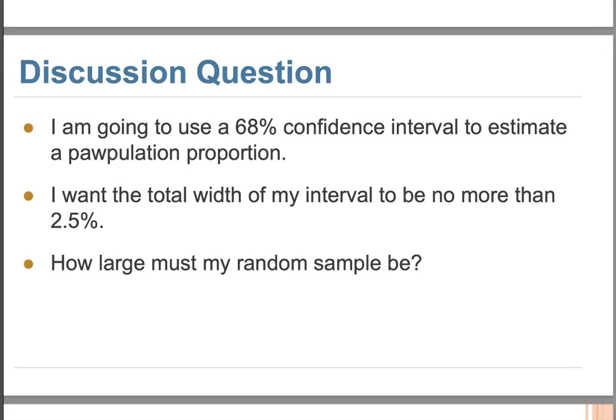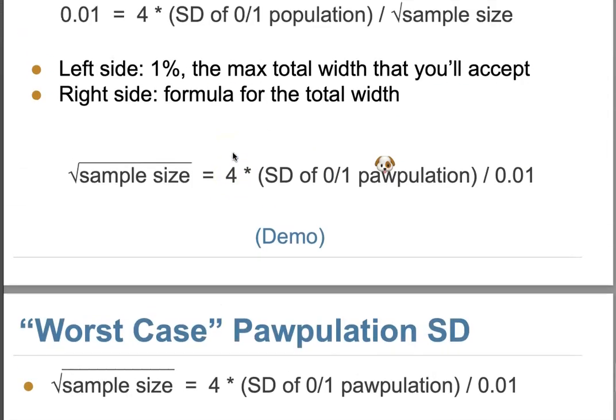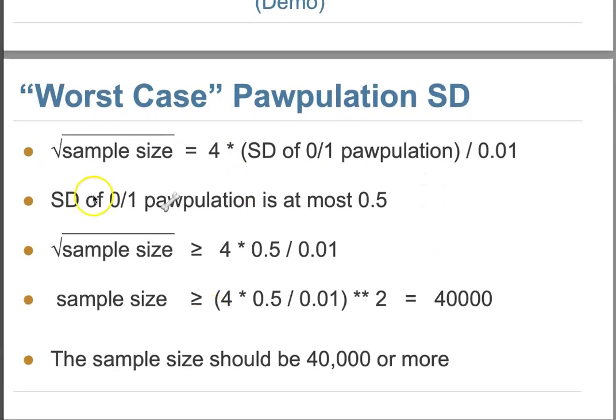So you can still go back and use this formula, but the only difference is our multiplier is not 4, it becomes 2, since the total is only 2 standard deviations. So you need to replace this with 2. The standard deviation of the 0-1 population is still 0.5.